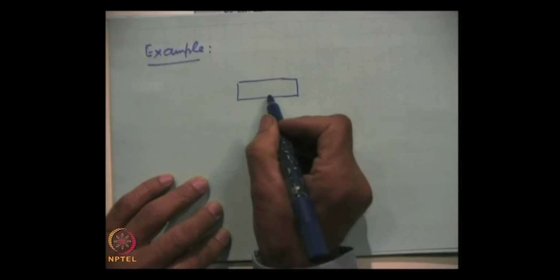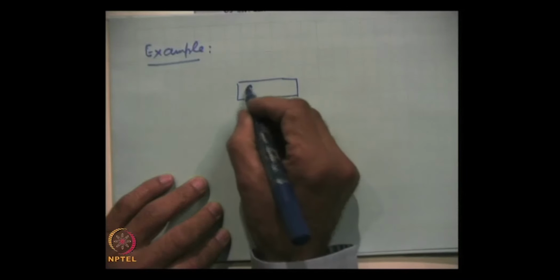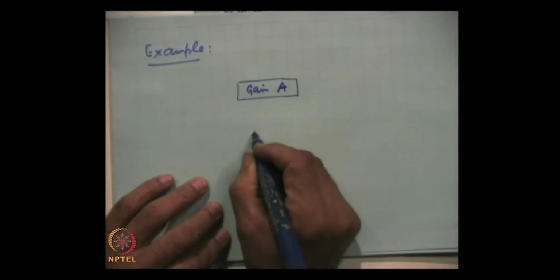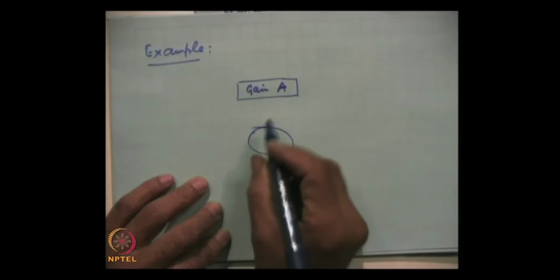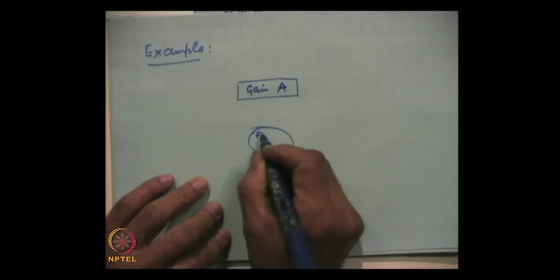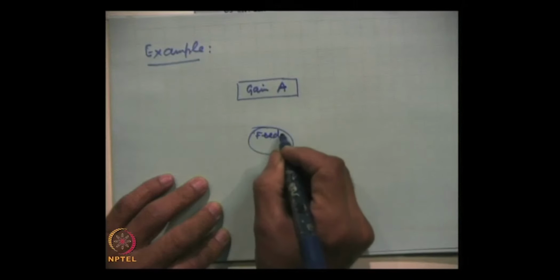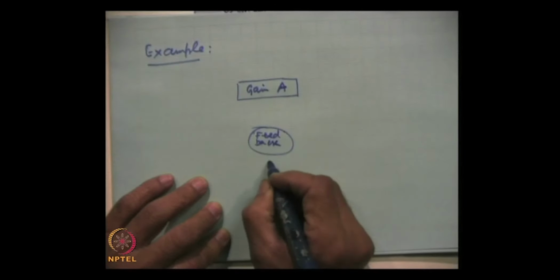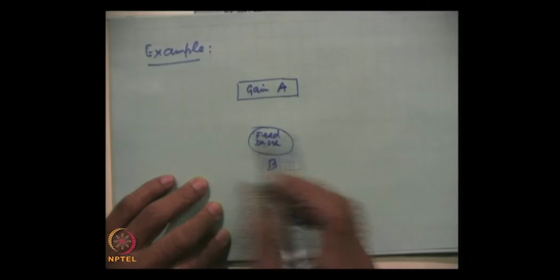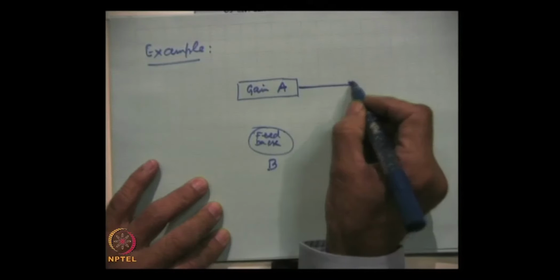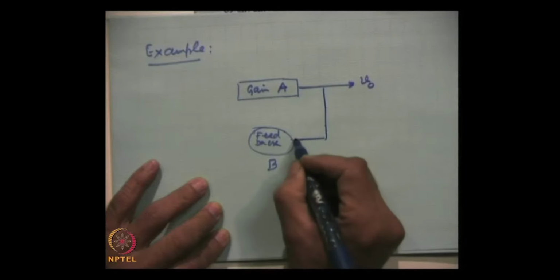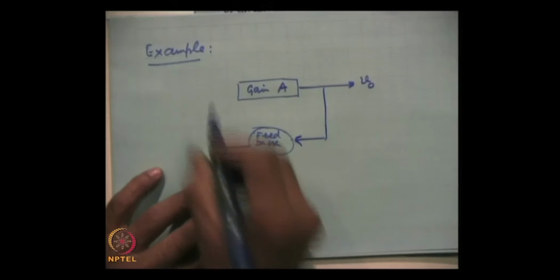Here is the amplifier, and this has an open loop gain A, and here this is the feedback network, which has a gain B. This is V0, this is fed here and this comes out here.